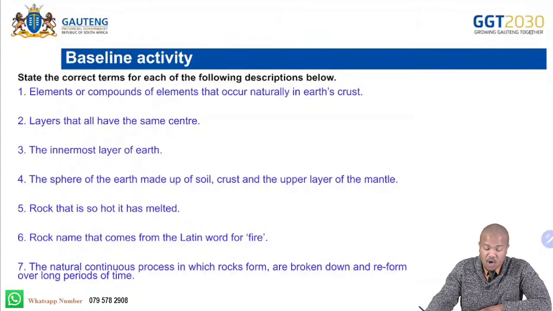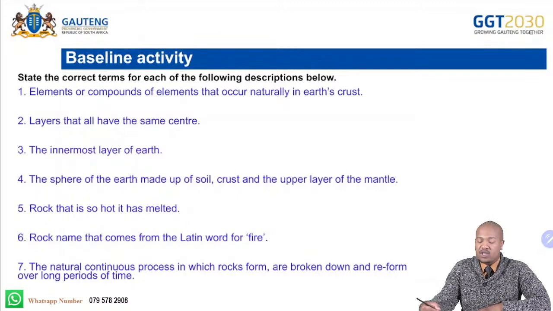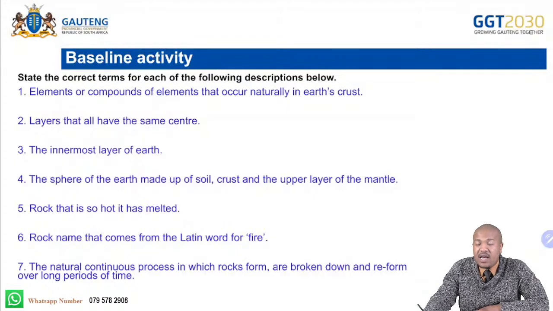Number 6, the rock name that comes from the Latin word for fire. Number 7, the natural continuous process in which rocks form, are broken down, and reform over long periods of time. I'm going to give you 5 minutes to complete this activity. Then after that, we shall meet together for corrections.